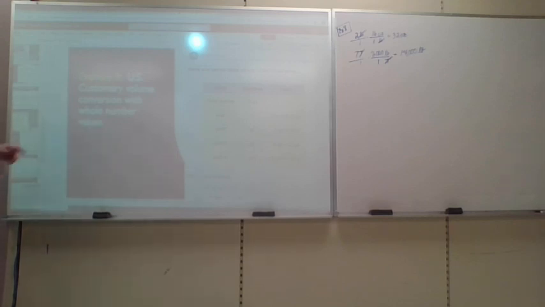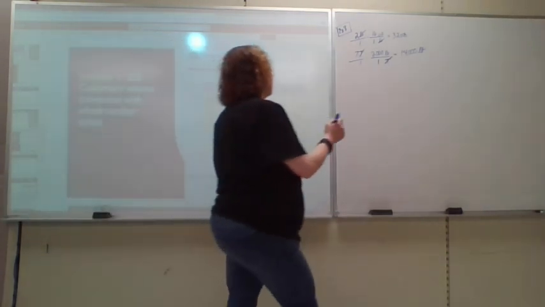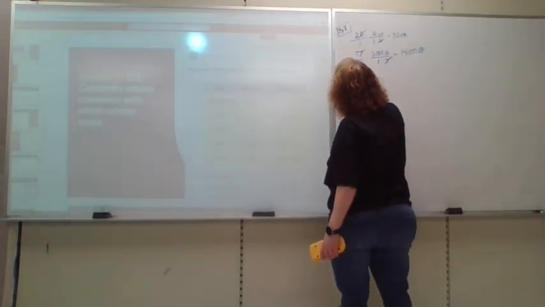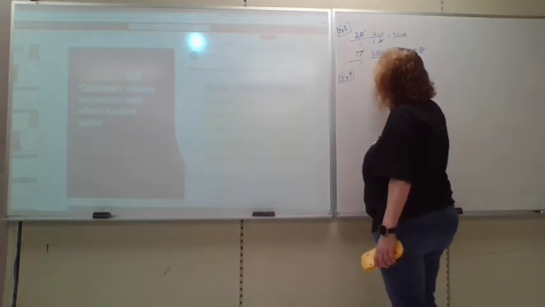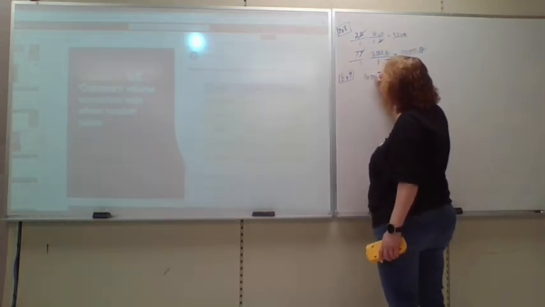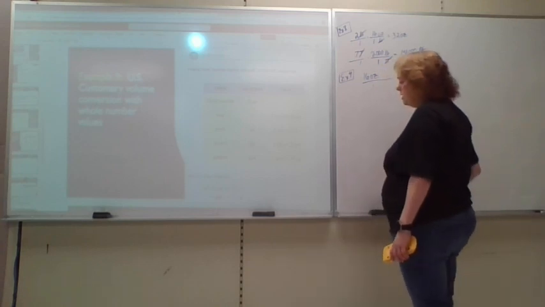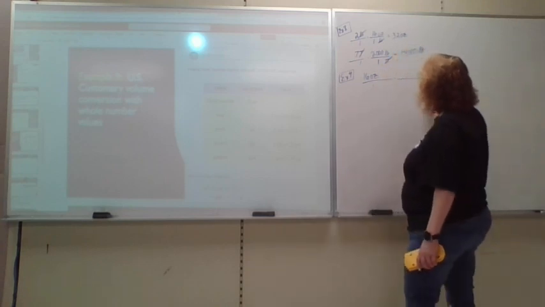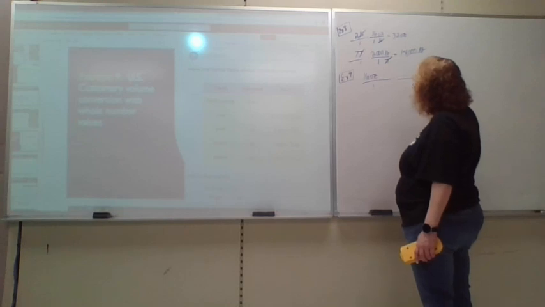Example 9, we're going to be doing U.S. customary volume conversion with whole number values. So we have 16 ounces, and we need to convert it to cups. So I'm going to put ounces here, cups here.